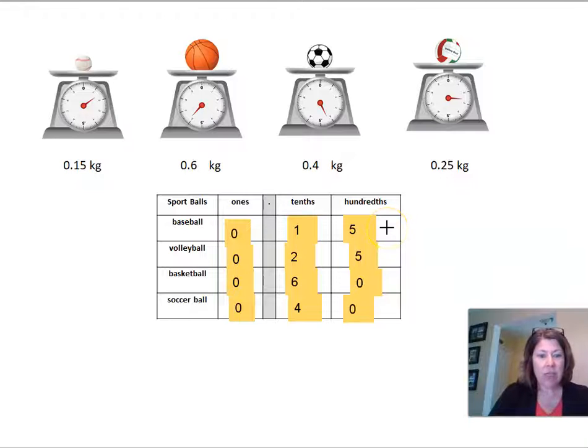We have 15 hundredths, 25 hundredths, 60 hundredths, and the soccer ball 40 hundredths. Let's think about which is the heaviest weight. Well, the heaviest weight is the basketball at 60 hundredths.